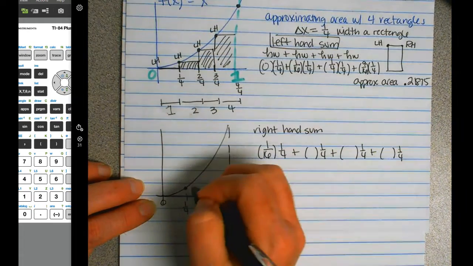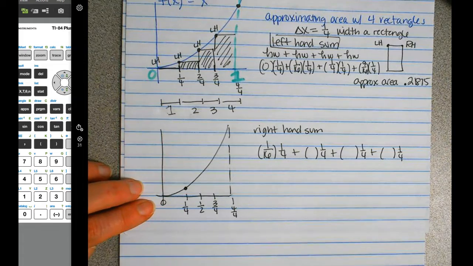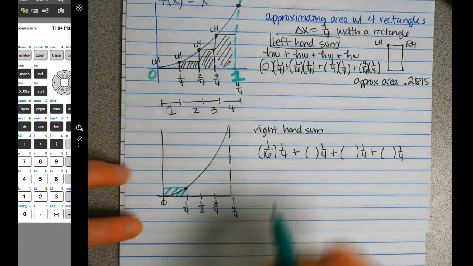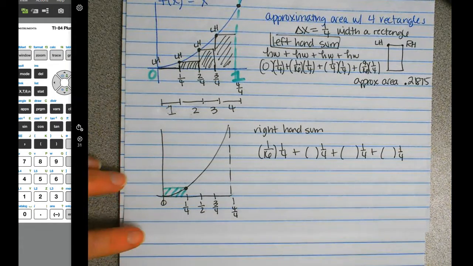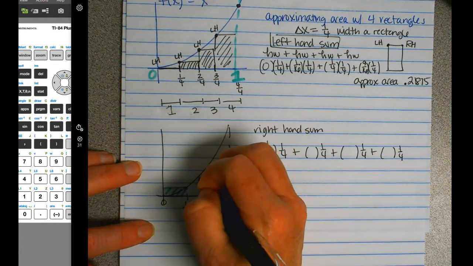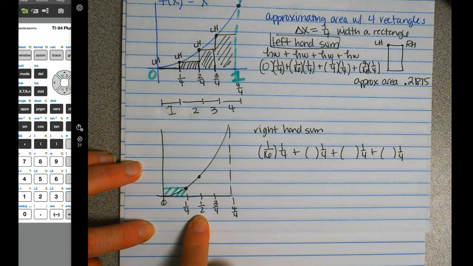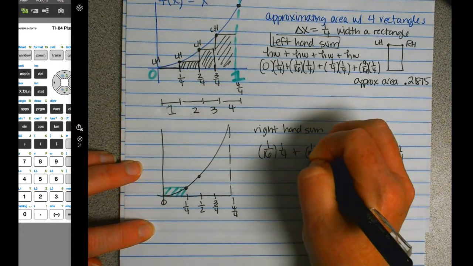I've already figured that out. That's nice. But my rectangle is different because it's big this time. It's not 0. My second one is going to be, what's the height? This height for 1/2? 1/4.